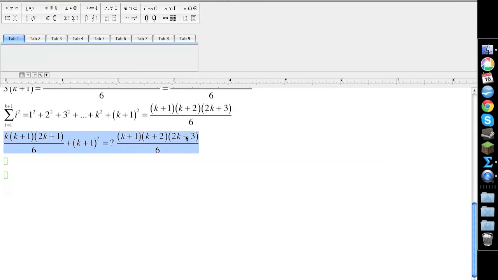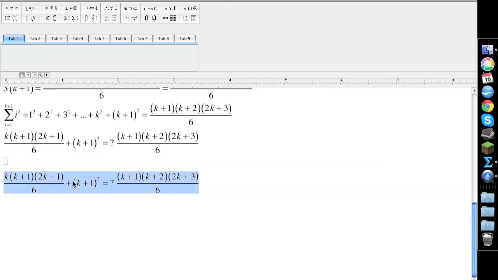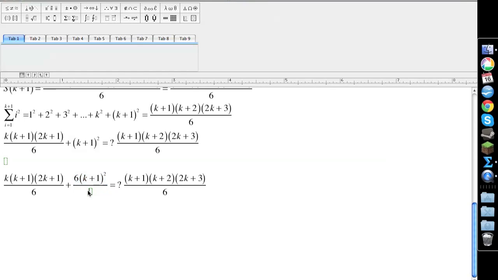So I start copying this line, and I multiply this with 6, and then I divide it by 6. And this can also be written as 6 times k plus 1 times k plus 1.